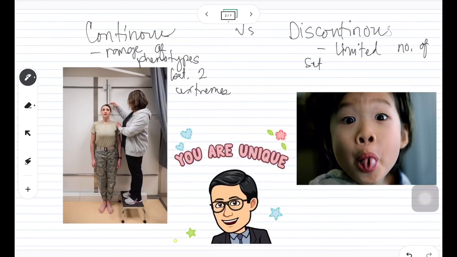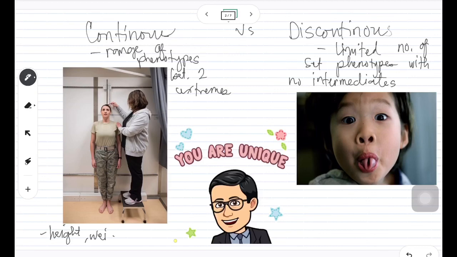These are the examples. For continuous variation: height, weight, toe length, and also the thumb length.